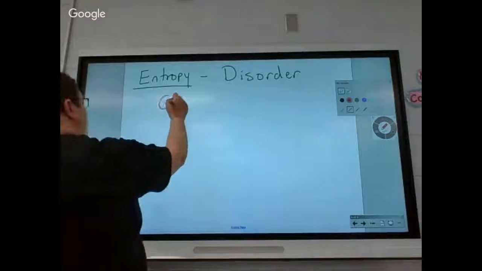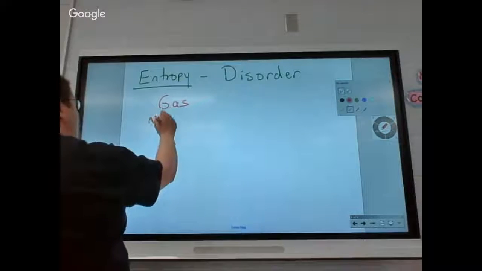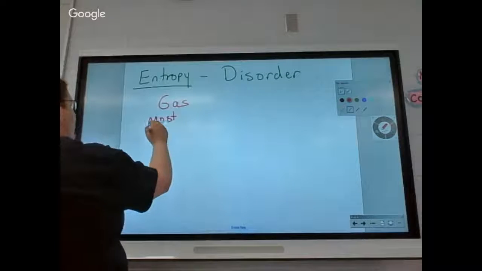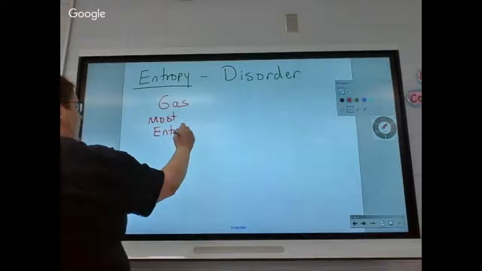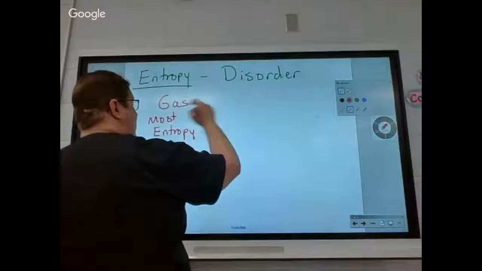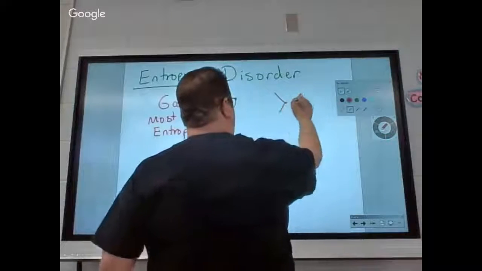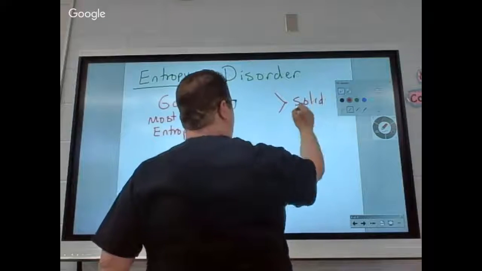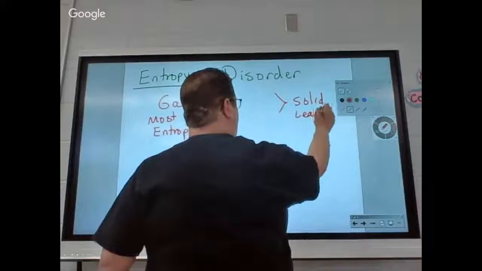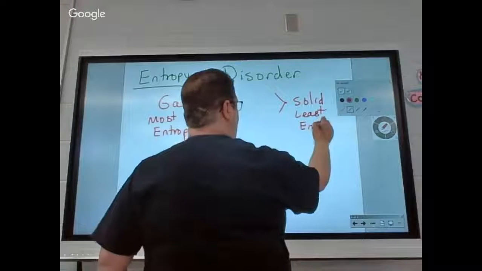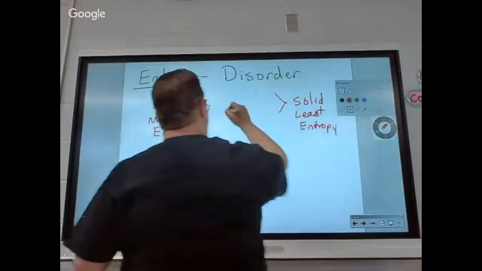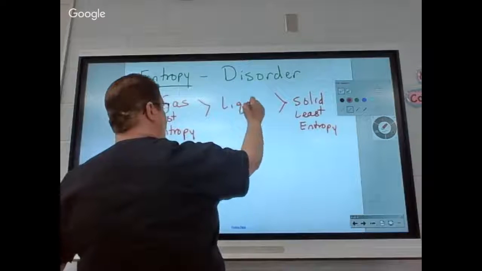A gas has the most entropy. So that means a solid has the least entropy, which means liquid's going to sit in the middle.